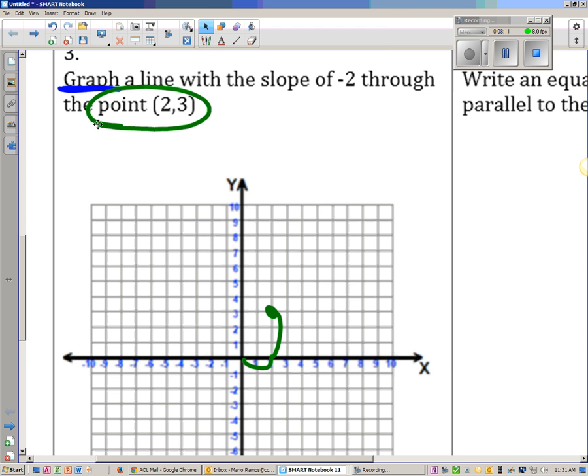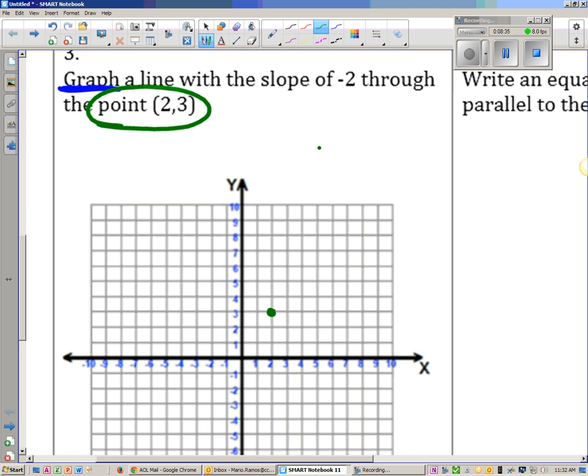It's troubling, though. Some of you did get that particular point wrong because you plotted the point at 3, 2, which would have been right here, which was wrong. Some of you do need to work on plotting points. Please YouTube that. And then from that, we're supposed to look at our slope, which was negative 2.